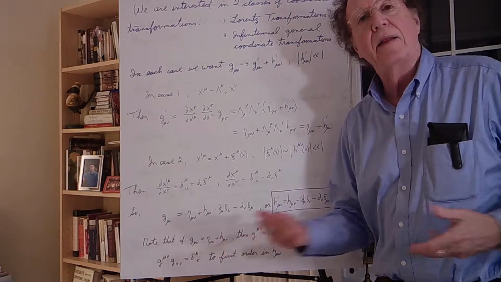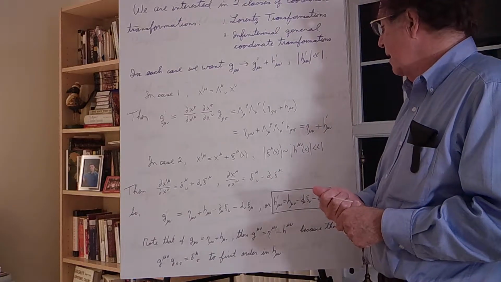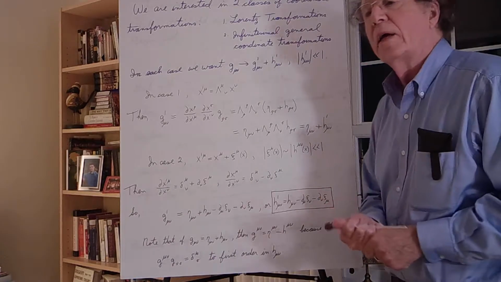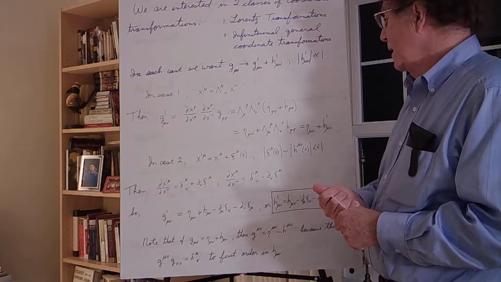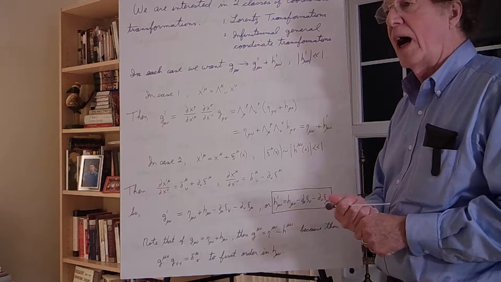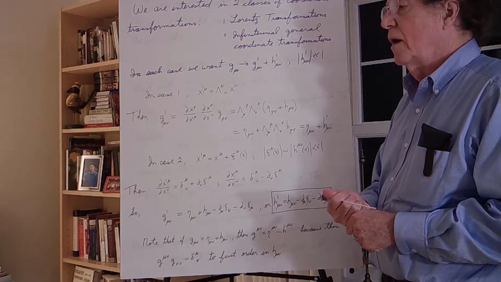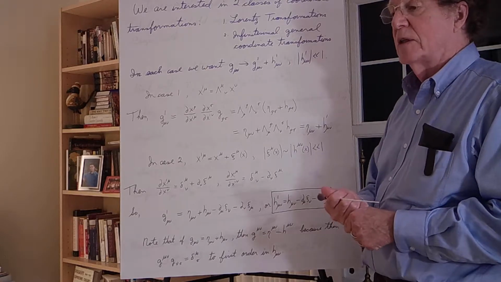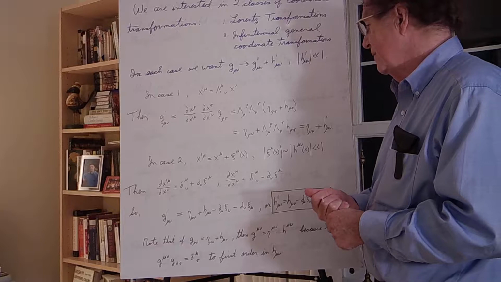I want to look at the space of coordinates which leaves that invariant. Okay, I want to look at the coordinate systems where it's true, where I can apply the ideas of small deviations from Minkowski space, where I can apply the ideas of linearized general relativity.